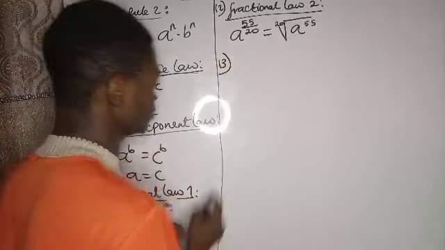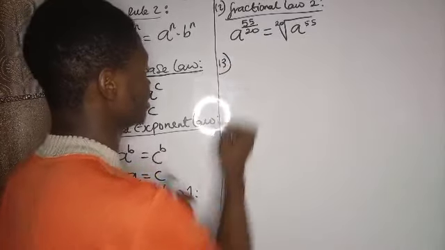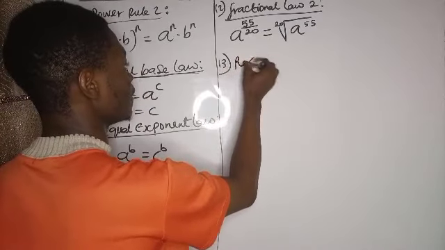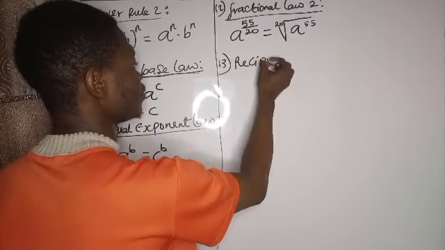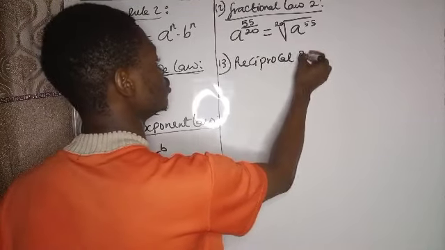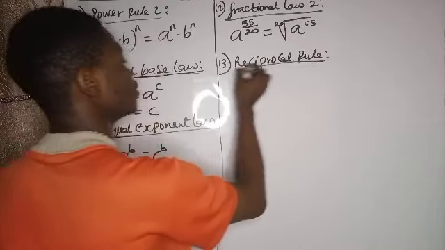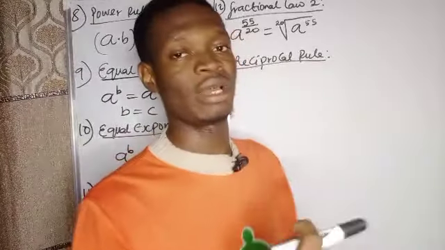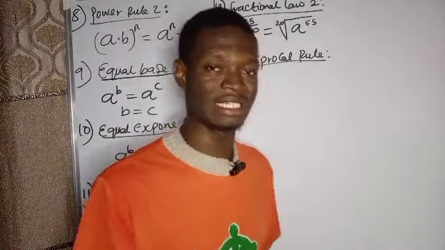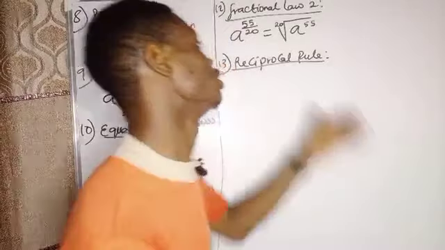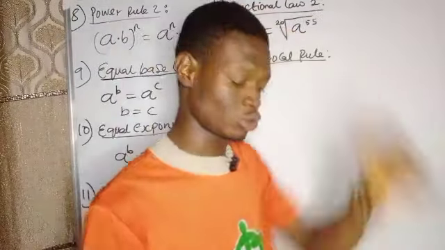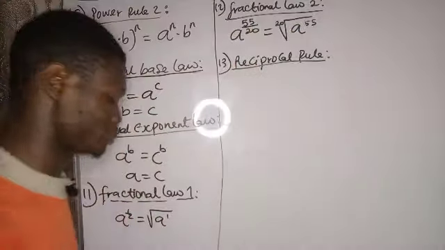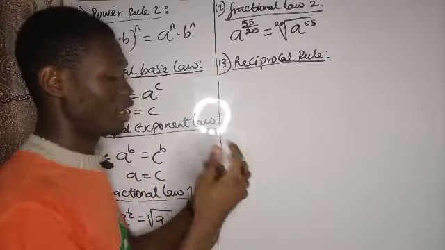Number 13, reciprocal rule. I just thought of this reciprocal rule in my mind when I was still learning indices, making more research on indices. So I produced this reciprocal rule.